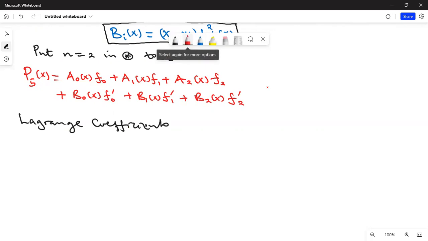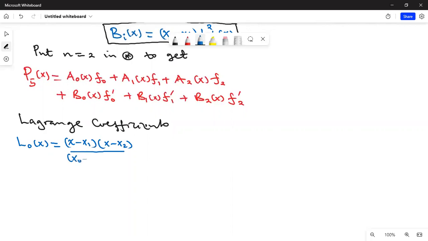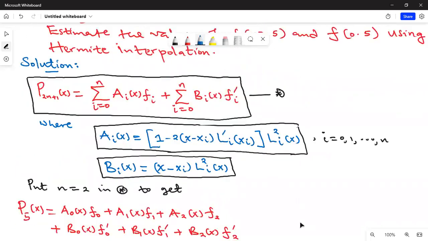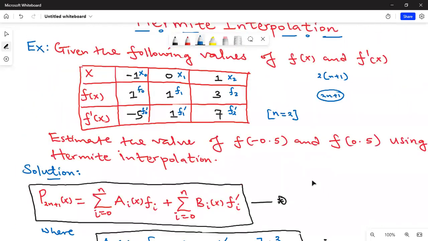Let's start with L naught. L naught of x is the same as x minus x1, x minus x2 over x naught minus x1, x naught minus x2. And so you can refer to your table. We have the values of x naught, x1, x2. We can read them from the table.